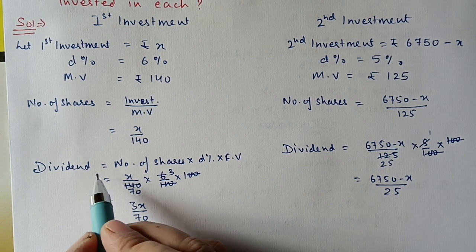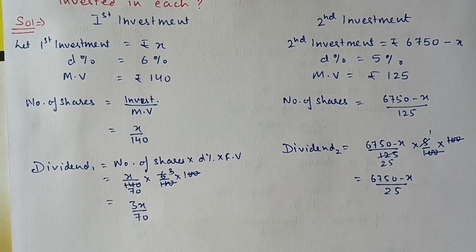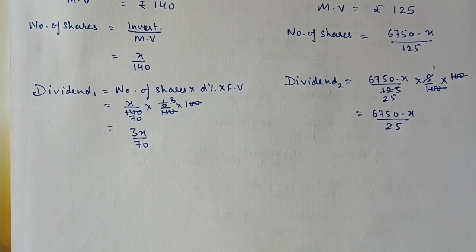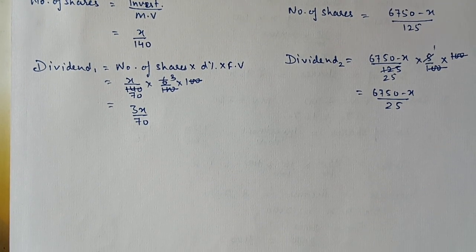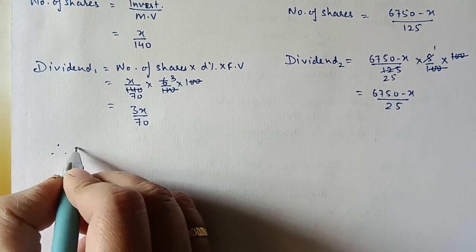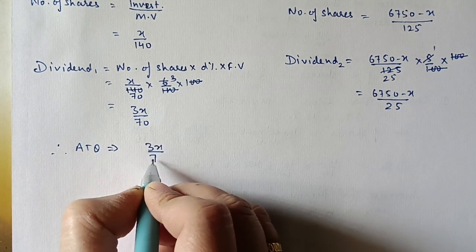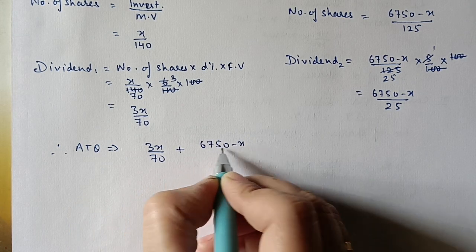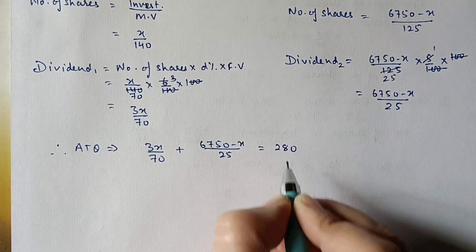This is the dividend by the first investment. This is by the second investment. And total income is 280 rupees. So if we add these two incomes, it should be equal to 280 rupees. So according to the question, 3x upon 70 plus 6750 minus x upon 25 should be equal to 280.